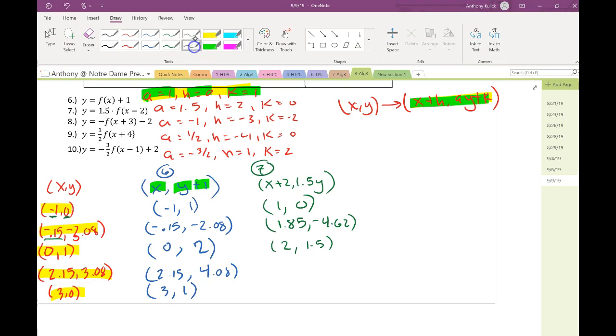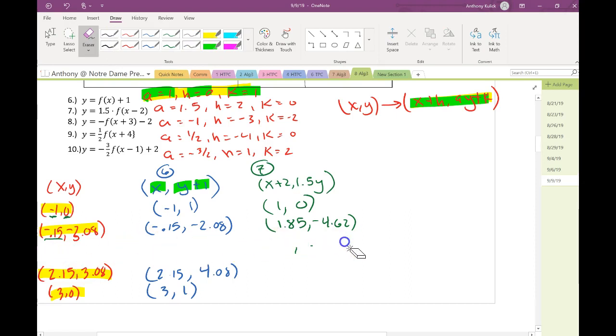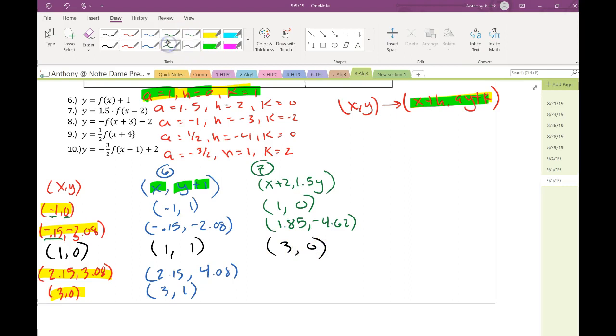And continuing on, I get 2, comma 1.5. Okay. I copied this point down wrong, excuse me. That was 1, 0, not 0, 1. Shame on you guys for not yelling at me about that. The shame! I know. There we go. All right, and then finishing this up.